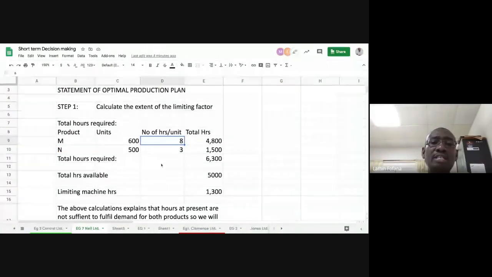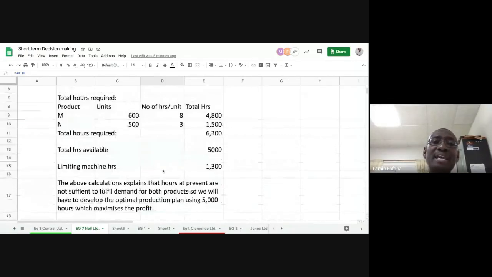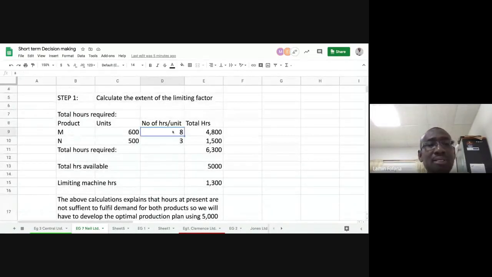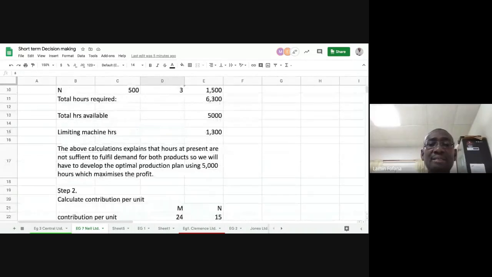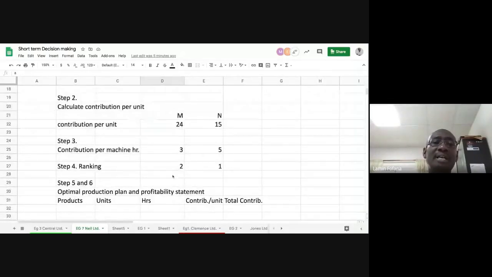So this is the more reason why, when you look at the contribution per hour, even though M has a higher contribution per unit, because M takes a long time to produce 1 unit, it is a lot more efficient to produce N. Because it takes a lower time, it has a higher contribution per hour.